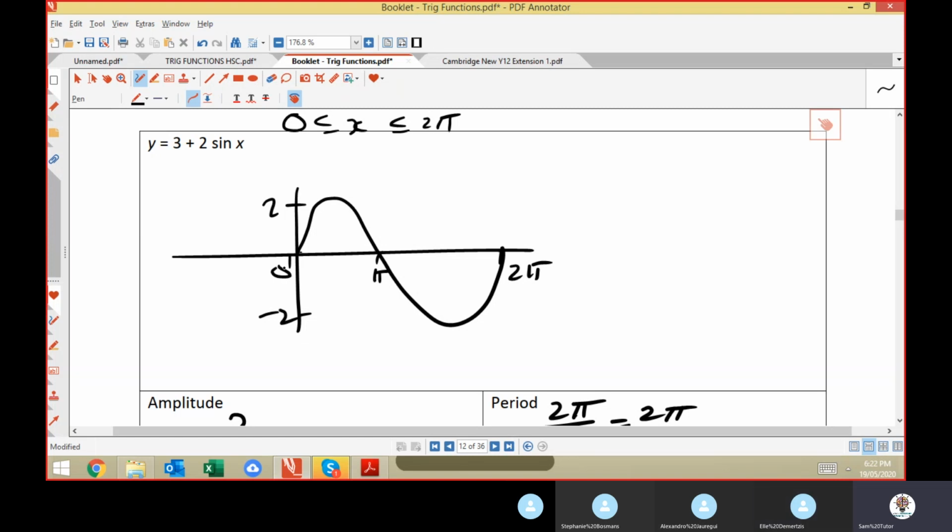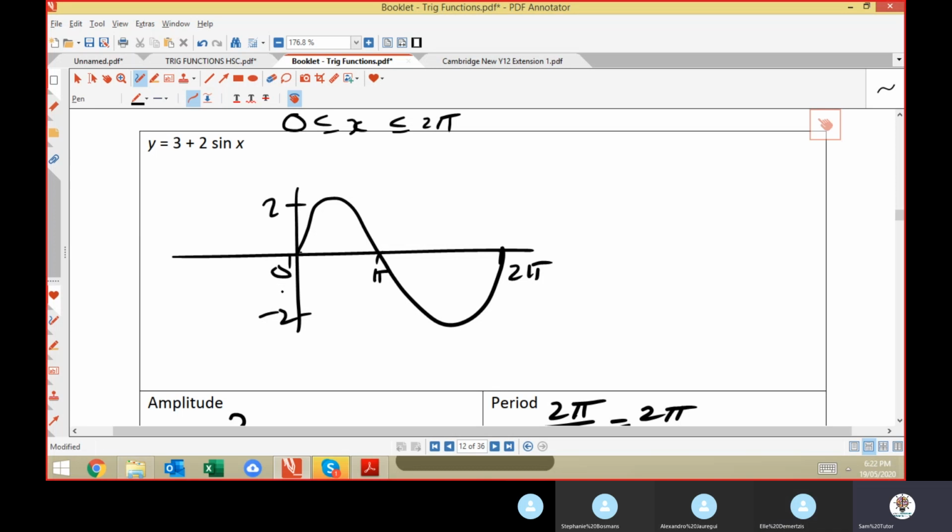So instead of it being at 0, what does this become now, technically? You're going to move it down. -3. Yeah, that's the idea. So let me show you what happens.